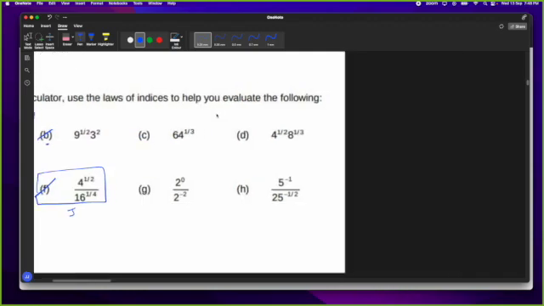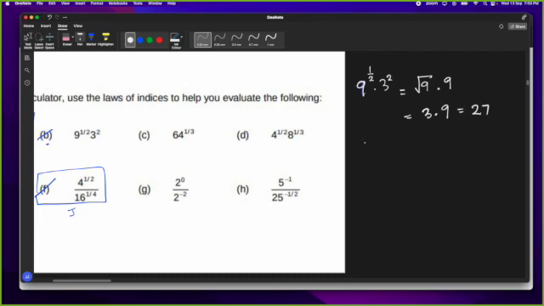Another way you could work it out as well: you have 9 to the power of a half times 3 squared. That is the square root of 9 times 3 squared, which is 9. So we have the square root of 9, which is 3, times 9, which is 27.